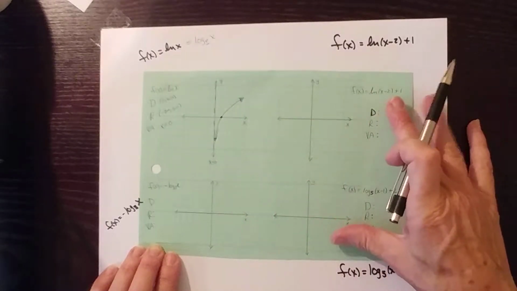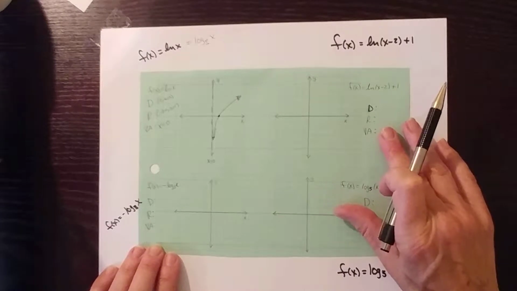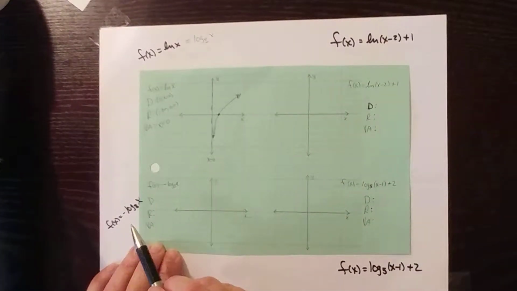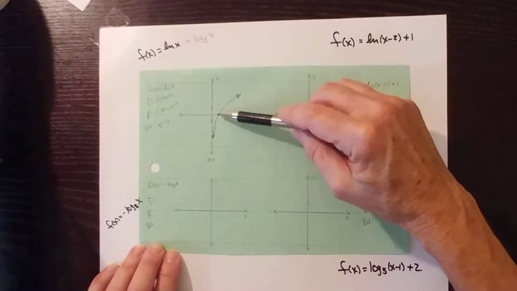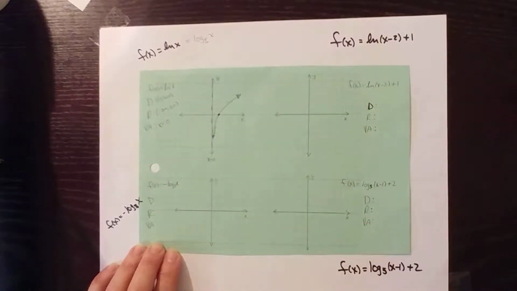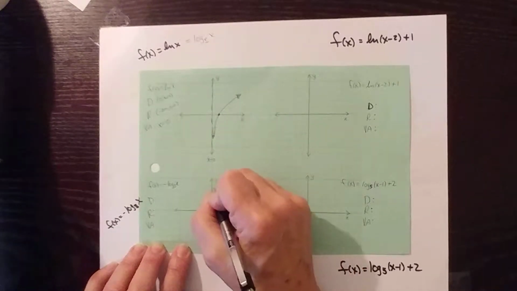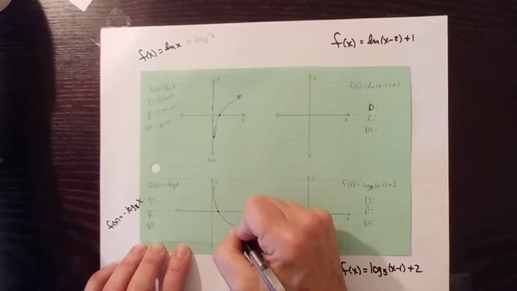However, this has a reflection going on because of the negative right there. A negative in front causes a reflection across the x-axis. So this part will be down here, and this part will be up here. It will still have this x-intercept, only this time it will be hugging the y-axis and decreasing like that.